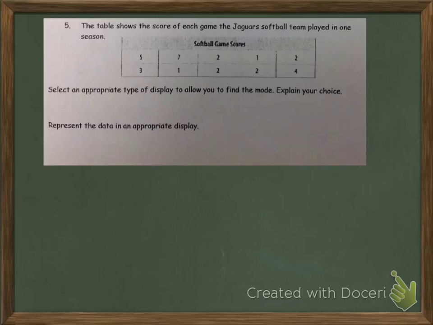That would be our, can you guess? Dot plot. A dot plot because it will show the value that occurs most.